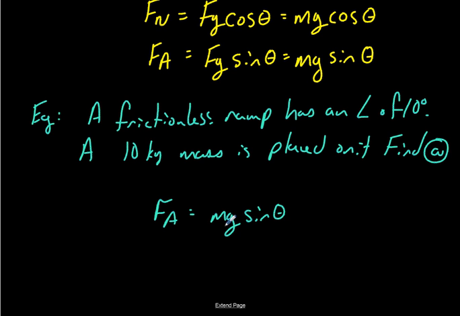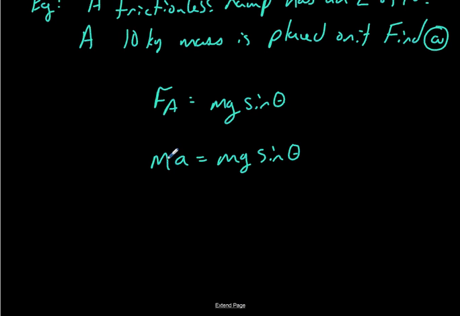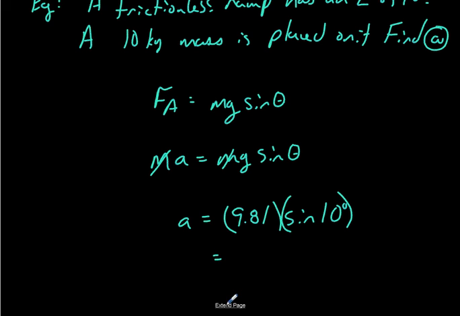We know mass times acceleration equals mg sin theta, so ma equals mg sin theta, and actually we'll learn the mass itself does not matter in this case. So a just equals g, 9.81, times the sine of 10 degrees. We get 1.7 meters per second squared on a frictionless ramp.